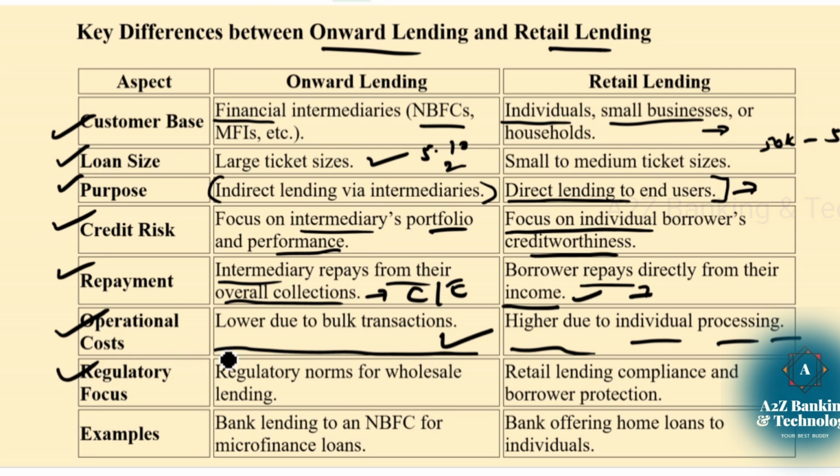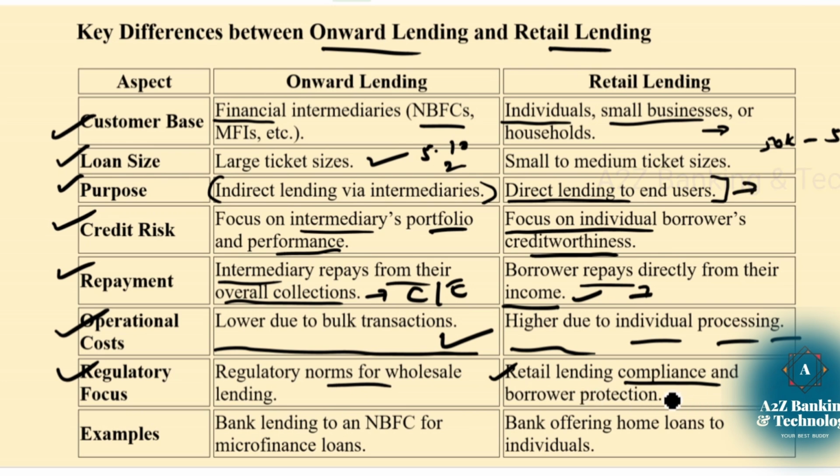From the regulatory perspective, wholesale lending norms are very clean, and very crisp and clear directions are given in wholesale lending. But retail lending has heavy compliance, and the customer protection act is also actively playing a role in retail lending.